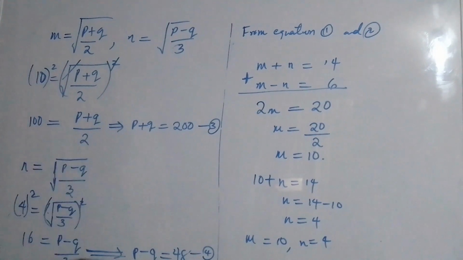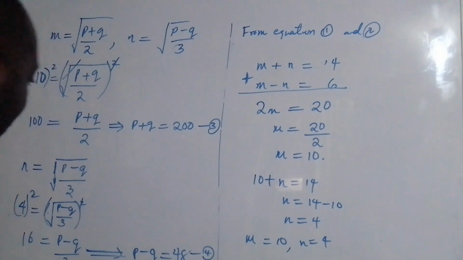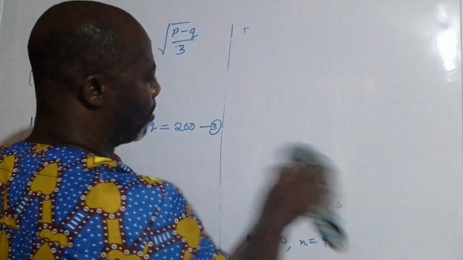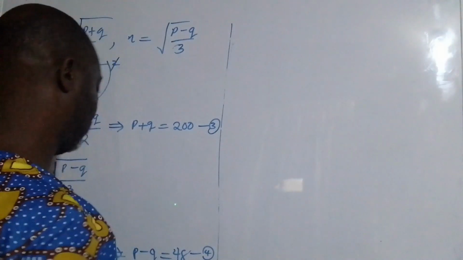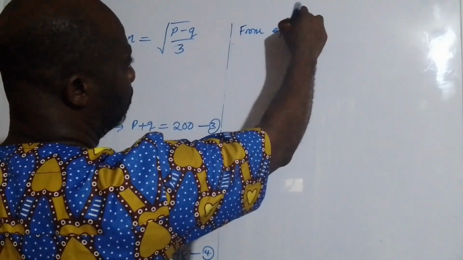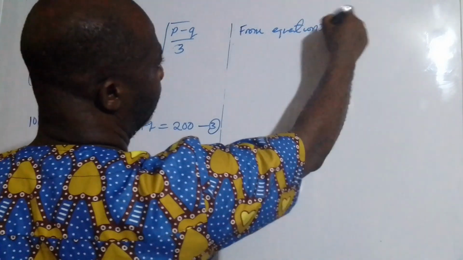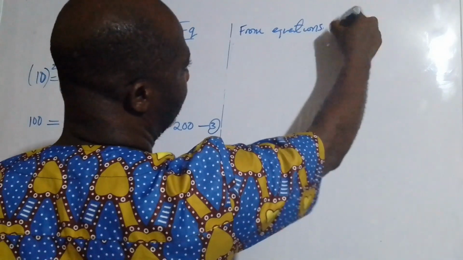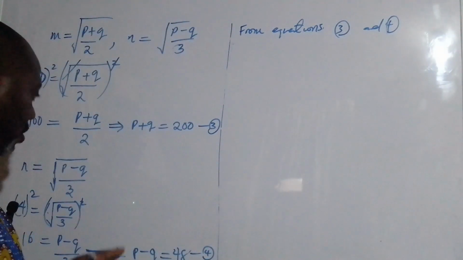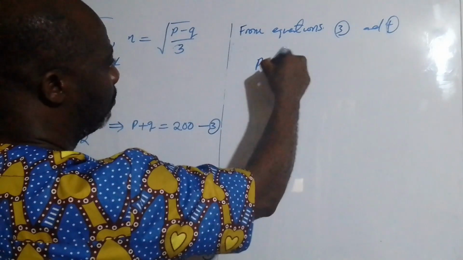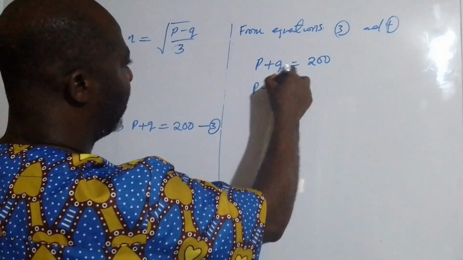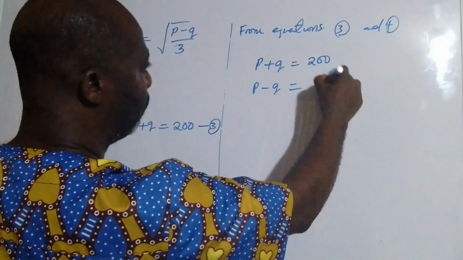Now from equations 3 and 4, we can find the value of P and Q conveniently. From equations 3 and 4, we have P plus Q equal to 200, and P minus Q equal to 48.